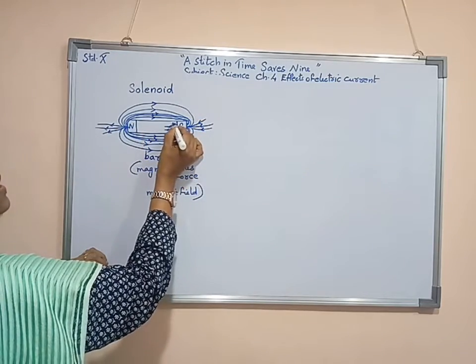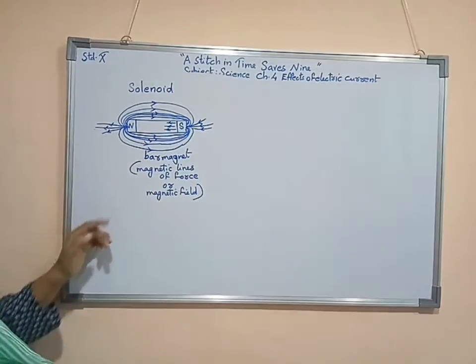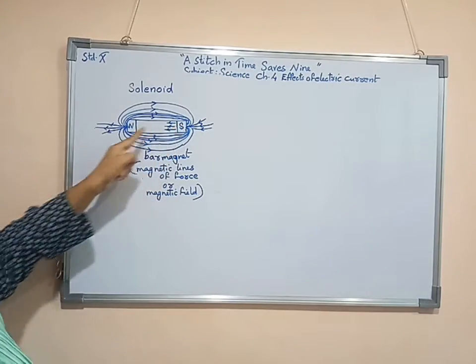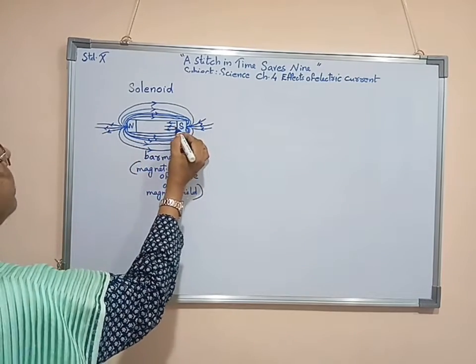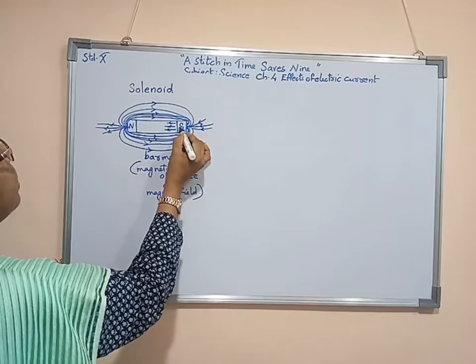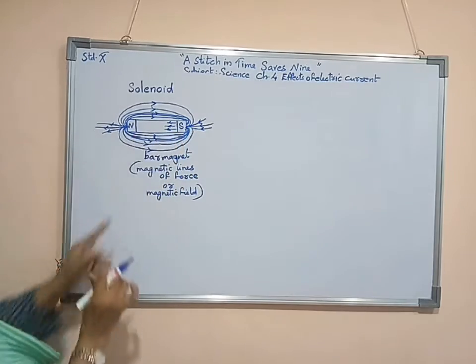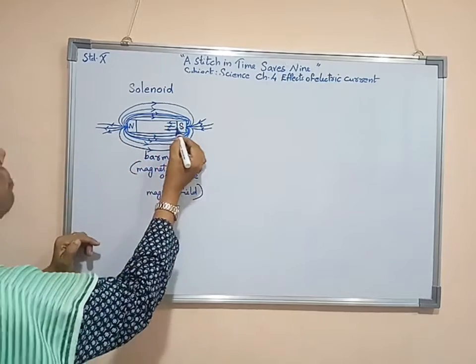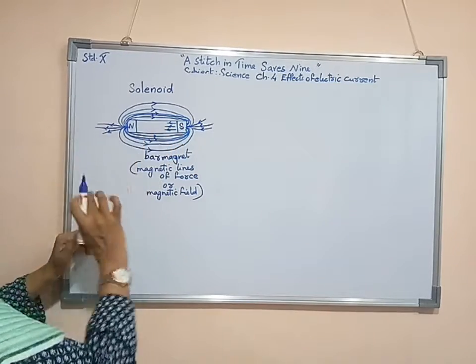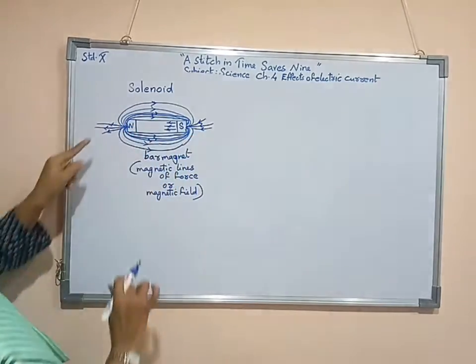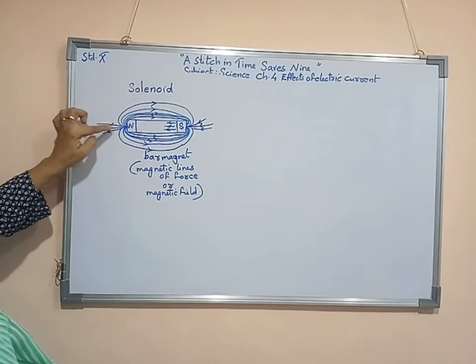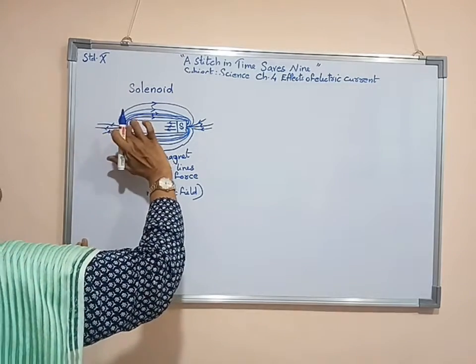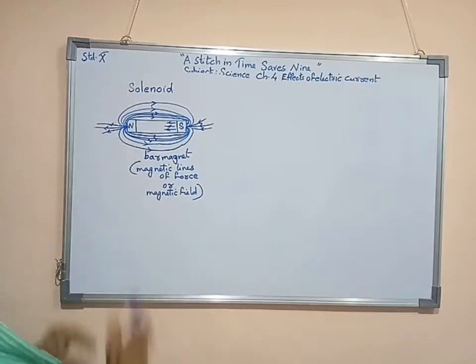So we can say that inside the magnet, magnetic lines of force or magnetic field lines move from south to north. But outside the magnet, magnetic field lines move from north to south.